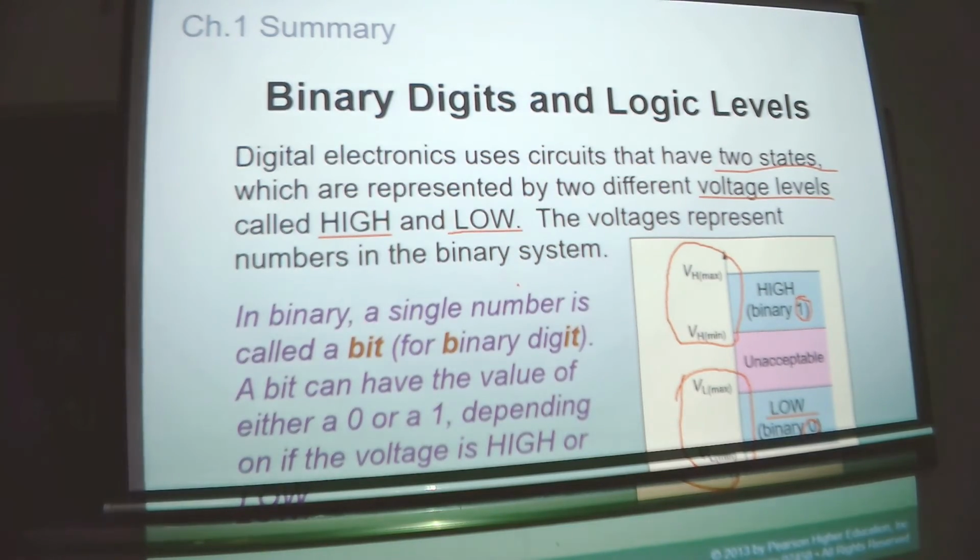A binary digit is called a bit. A bit can have the value of either 0 or 1, depending on whether the voltage is high or low. In general, we use the high value to represent 1 and low value to represent 0.